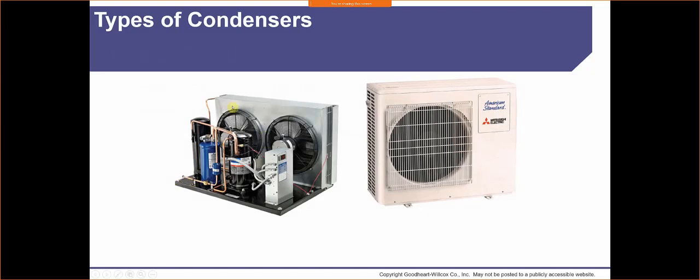This is a very small system in comparison to this. We're talking about maybe a ton, half a ton, 3/4 of a ton, something like that. We're cooling a very small space. We're talking about a reach-in cooler, not really that large, so you don't need very much refrigerant going through here.